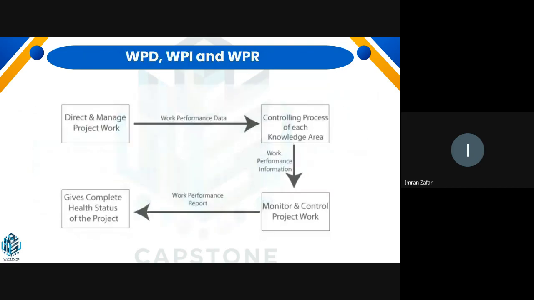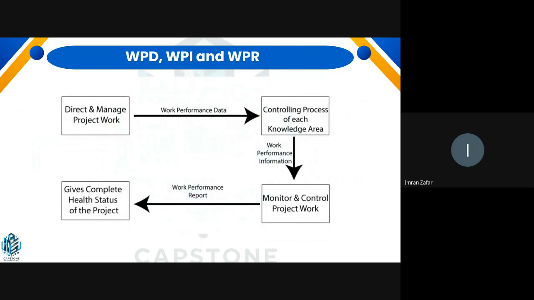We gather a lot of work performance, and we need to report that work performance to our stakeholders and our sponsor, and even as a project manager or project team, we need to refer to that as well.